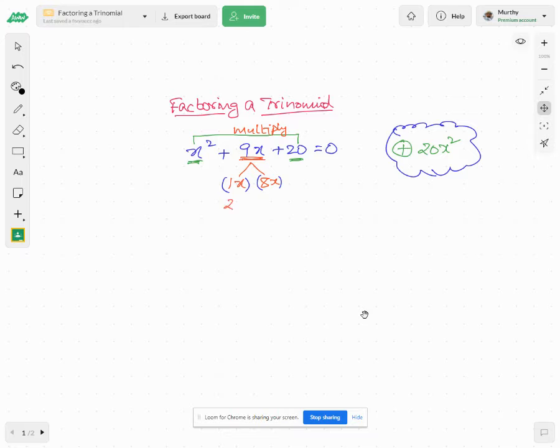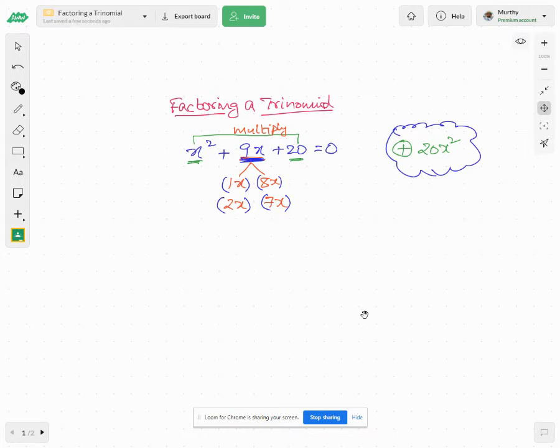After 1, I'm taking 2x. So 2x, what value do I have to add so that I get 9x? If you want, pause the video, think for a second. Yes, you are right, it is 7x. So 2x added to 7x gives you 9x, which is equal to the middle term, but the product 2x times 7x is not equal to 20x square.